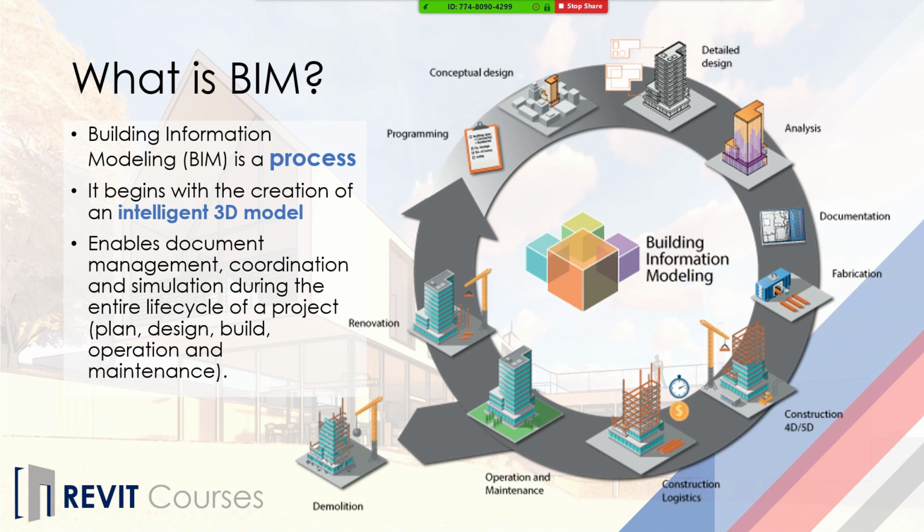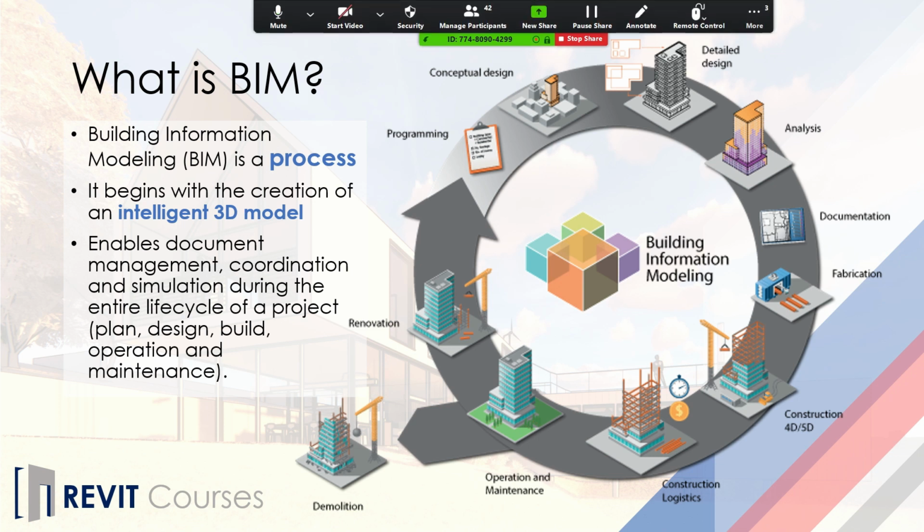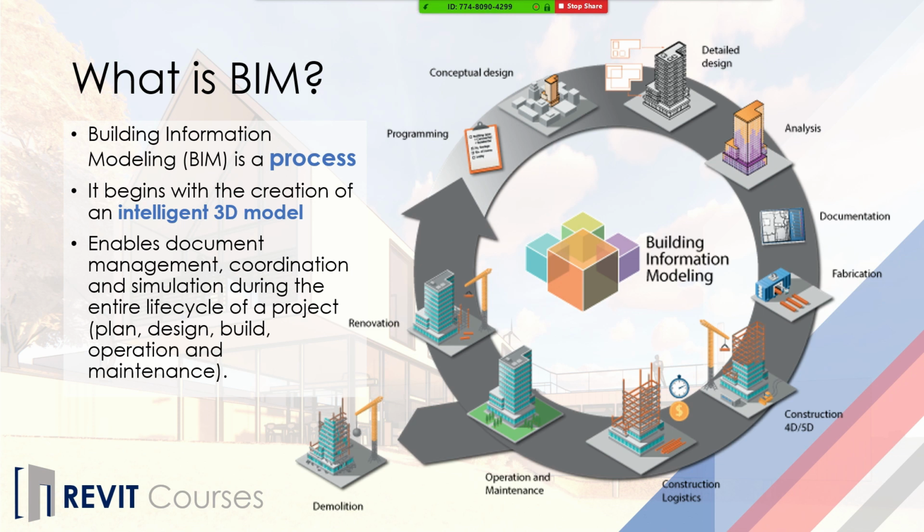Now, later on, we had 3D models that you can work with, and those 3D models still are not very intelligent. In BIM, the purpose is that you have an intelligent model that really understands what you're creating. It understands that this is a wall, it has a material, it has finishing layers, and when you create a door or a window, it automatically creates an opening, because otherwise it's not usable.